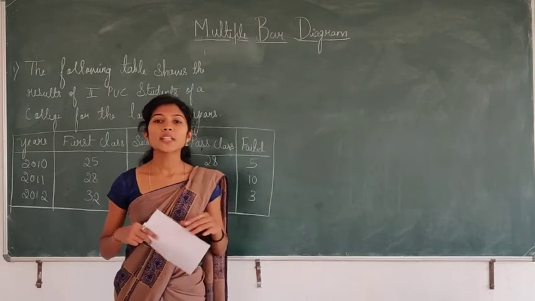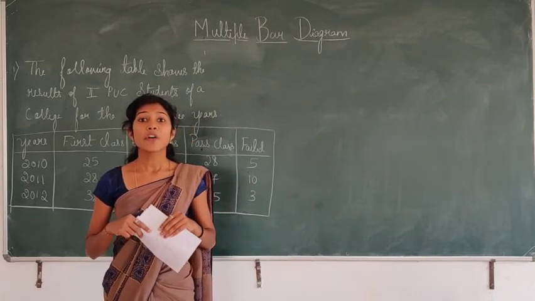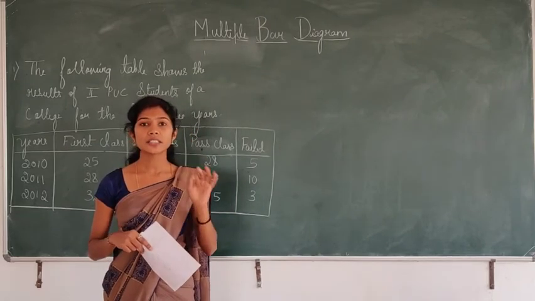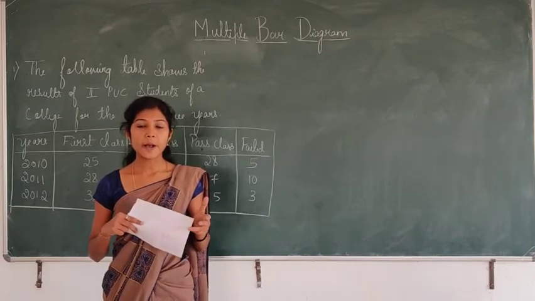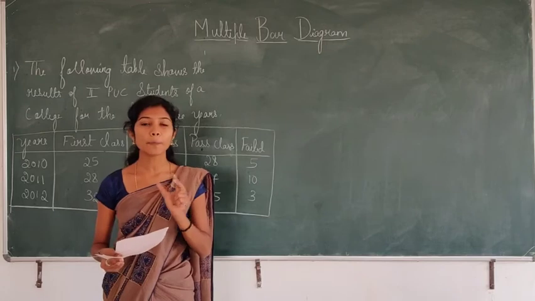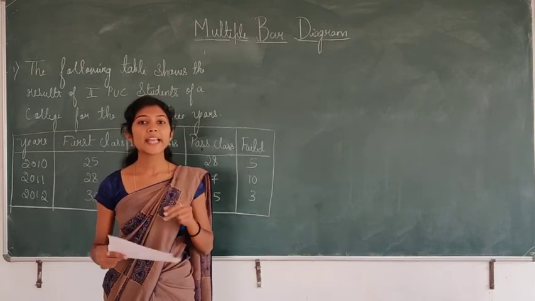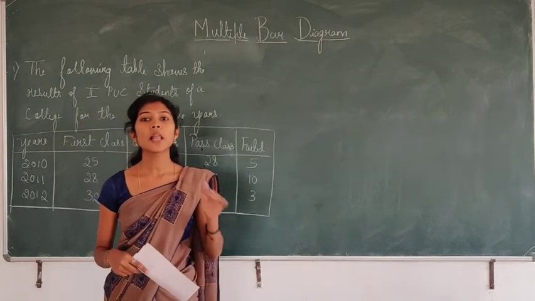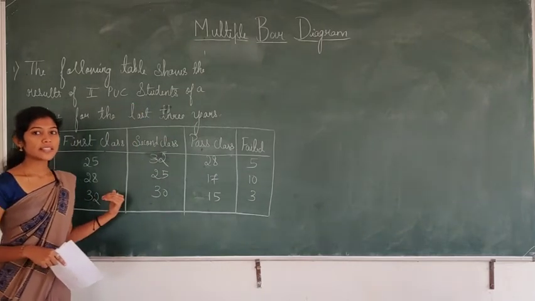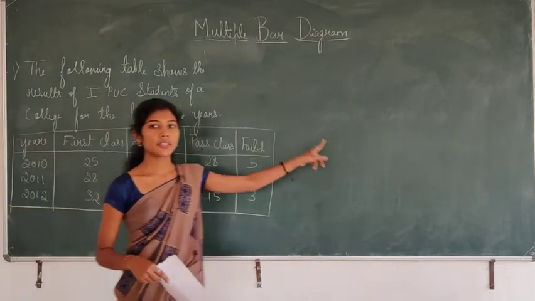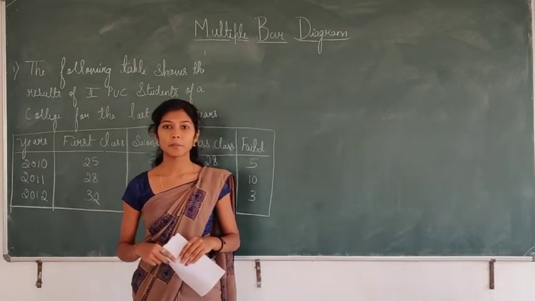Now, how to construct a multiple bar diagram? First, you need to write the title of the diagram. After writing the title, you need to determine a proper scale. And then you need to draw the multiple bar diagram using the data.